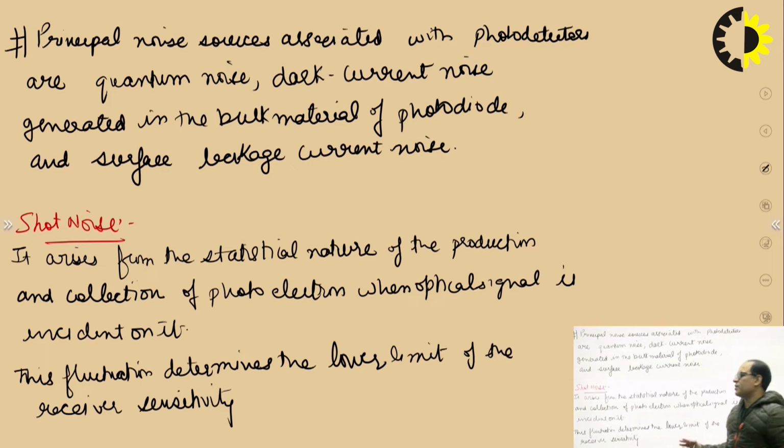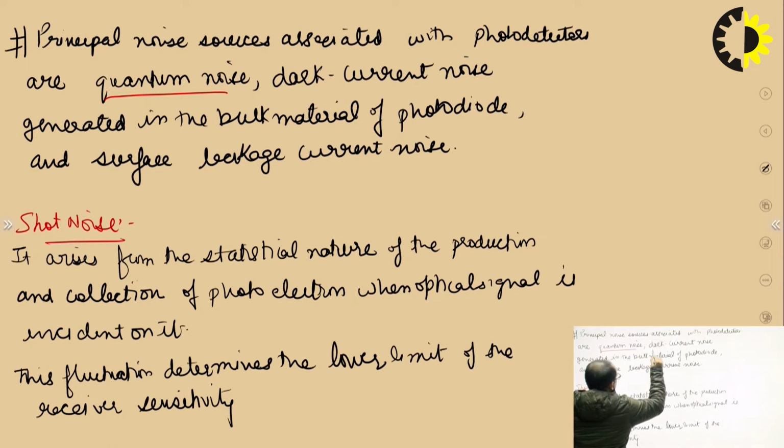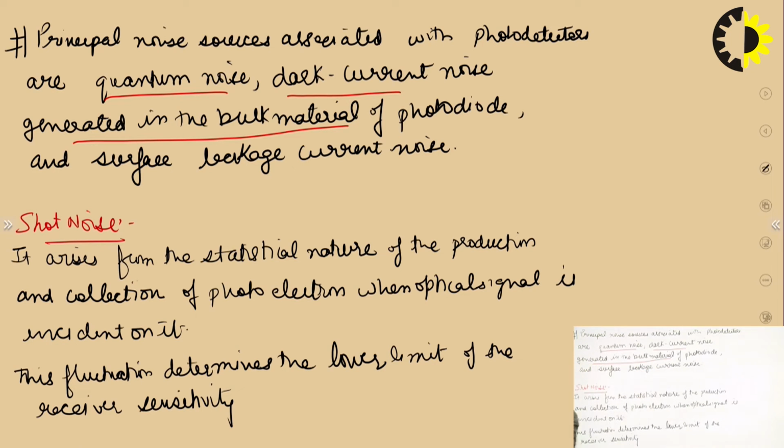The principal noises due to the photodetector are the quantum noise, the dark current noise generated in the bulk material of the photodiode, and the surface leakage current noise. Clear? Now see, first of all let's talk about the shot noise, or quantum noise.